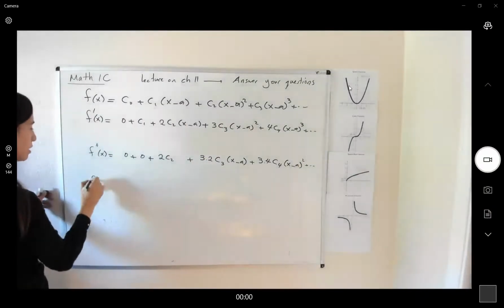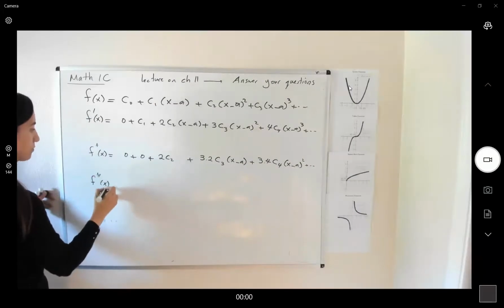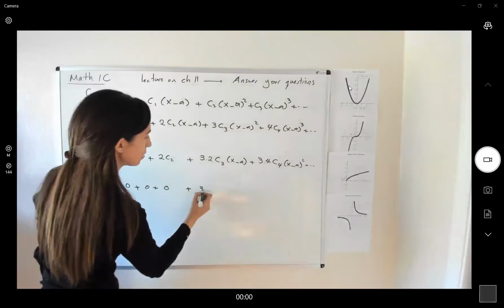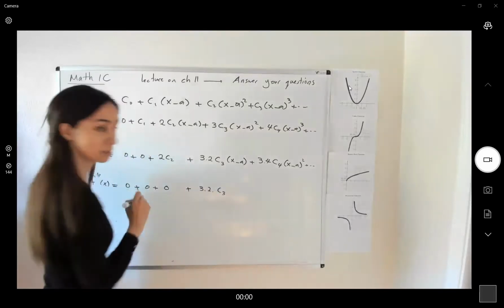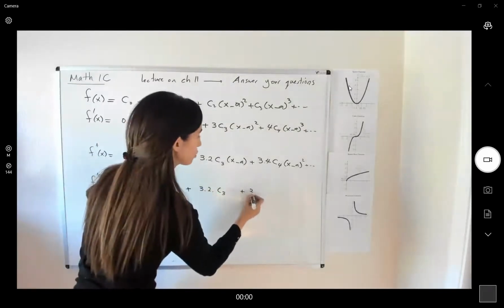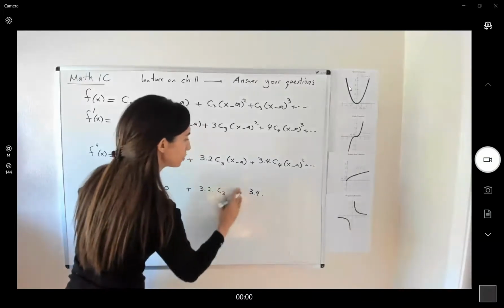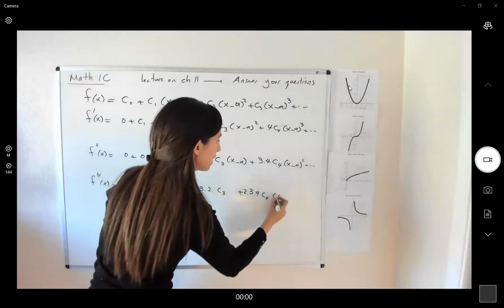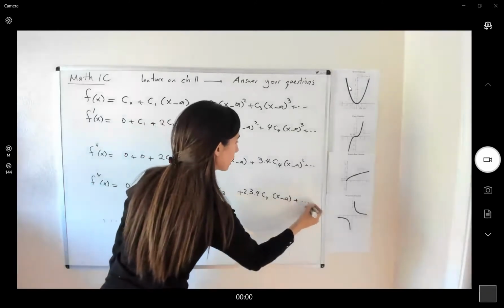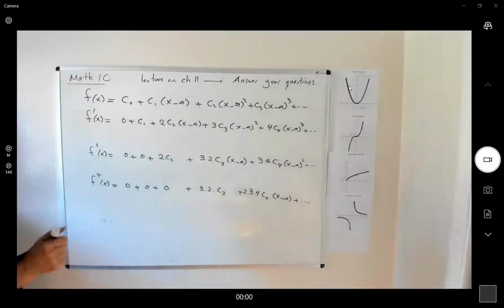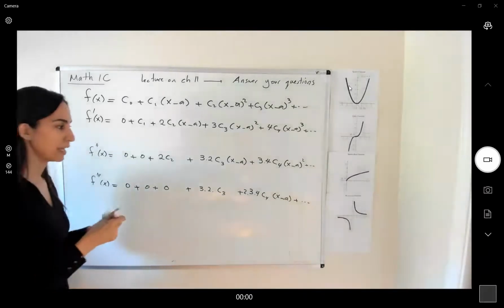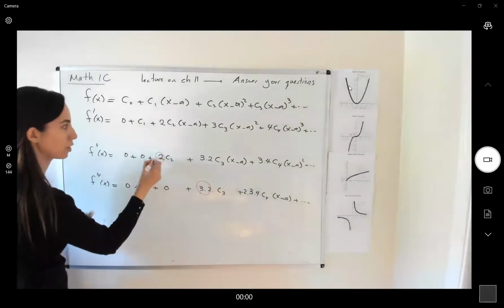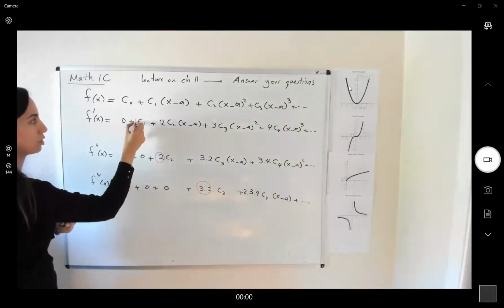Let's take the third derivative of this function as well. 0 plus 0 plus 0 plus 3 times 2 times c sub 3 plus 3 times 4 times 2 c sub 4 x minus a to the first power and so on. Okay. Take a look at these numbers. So here you have one.